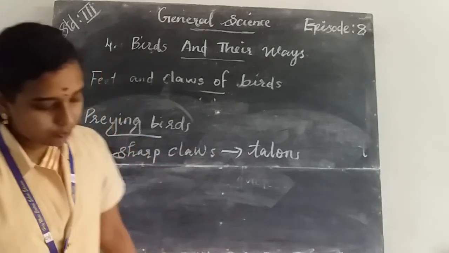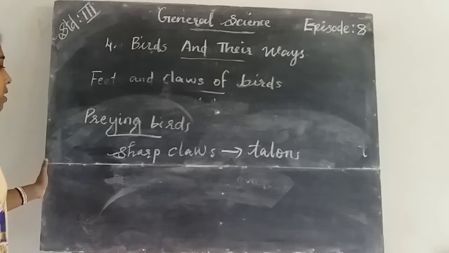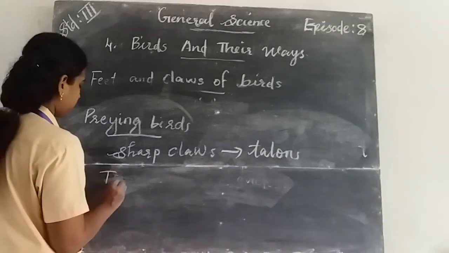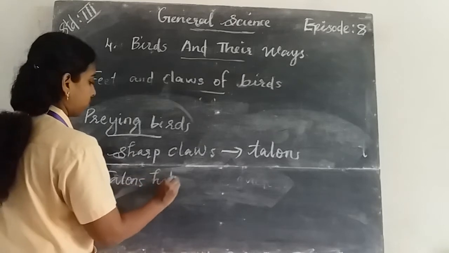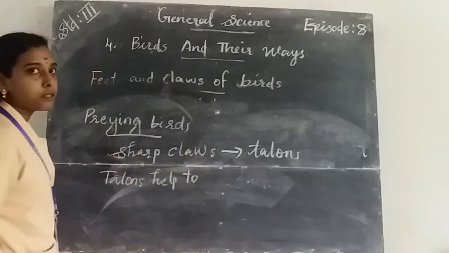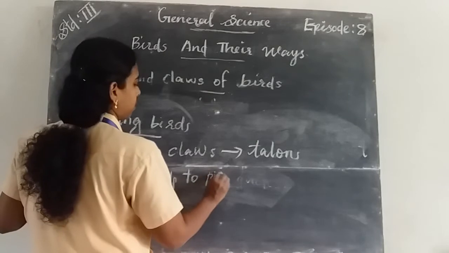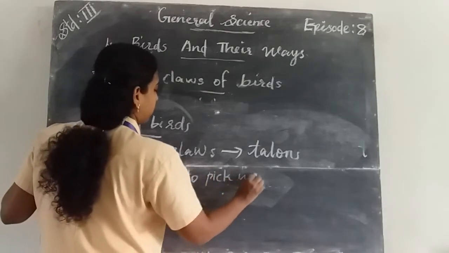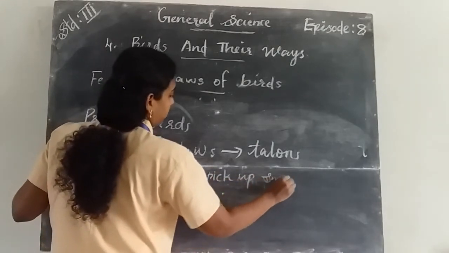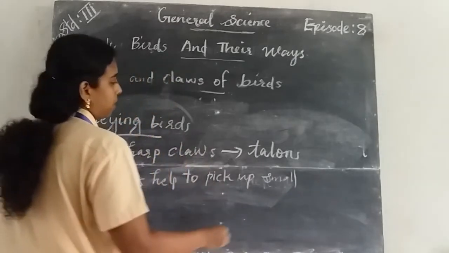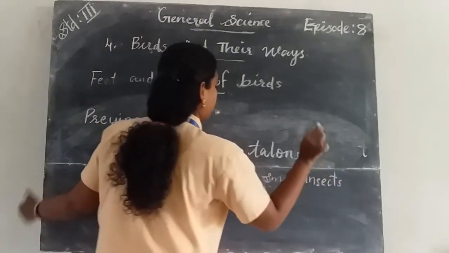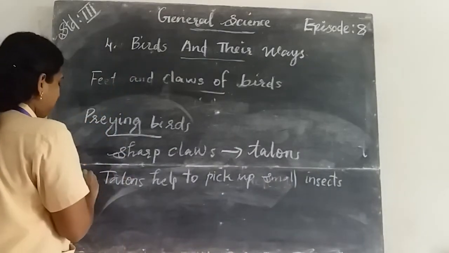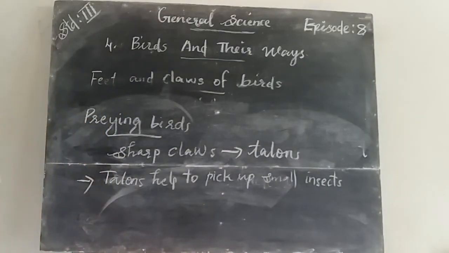The talons help to pick up small insects. Examples of praying birds are vulture, eagle, etc.